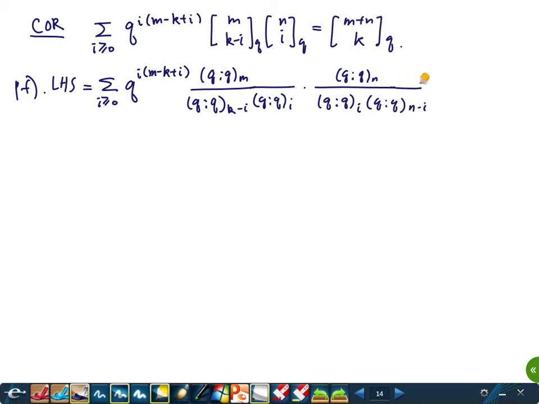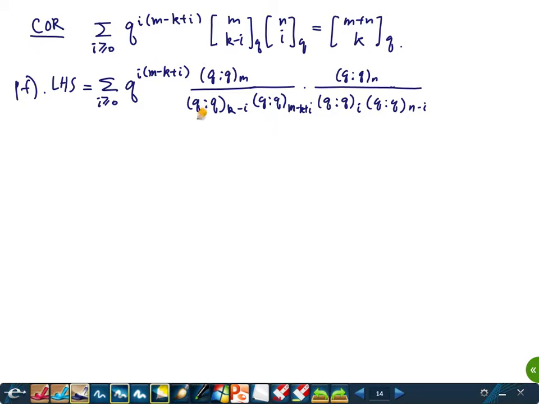Oh, I already made a mistake here. This is not i. It is m minus k plus i. Now you express each factor as a q-Pochhammer symbol. That's what you need to do.